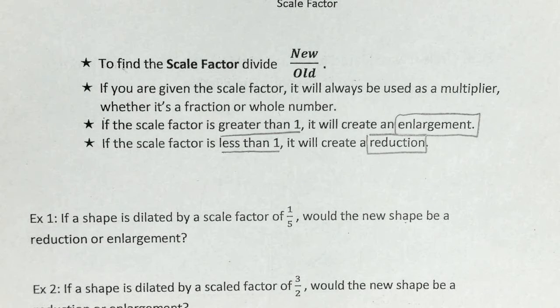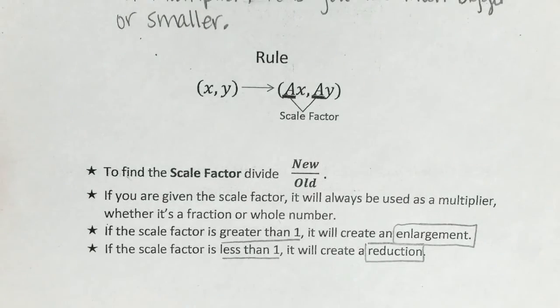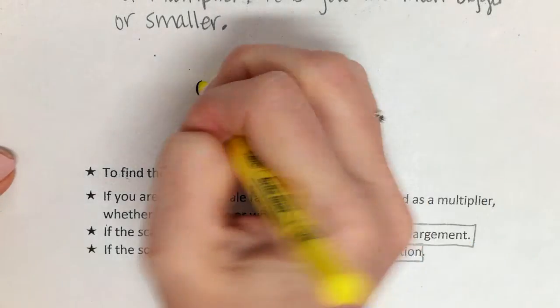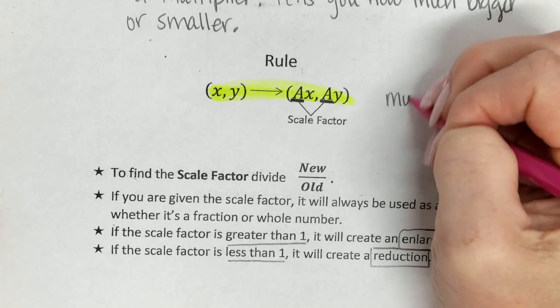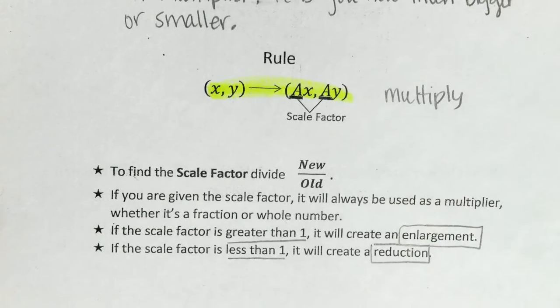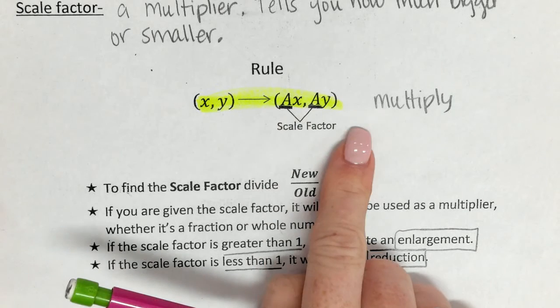Are we all okay? Now, the most questions that are asked on dilations are about the rule. Do y'all remember how we've been doing the rule every single day? X, Y changes to this. So the rule is, and it's right here, that you multiply. So dilation's rule says that you multiply by the scale factor.